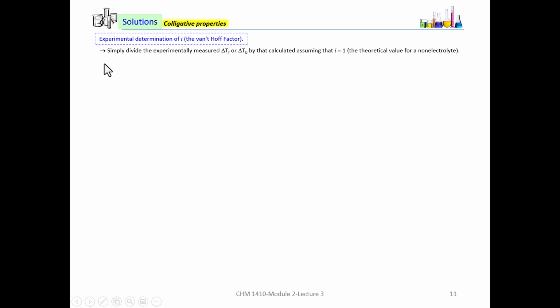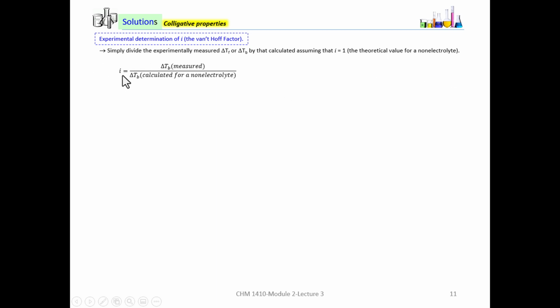To do this, we're simply going to divide the experimentally measured freezing point depression or boiling point elevation by that calculated, assuming that i equals 1, the theoretical value for a non-electrolyte. That maybe made no sense at all, so let's do the example.